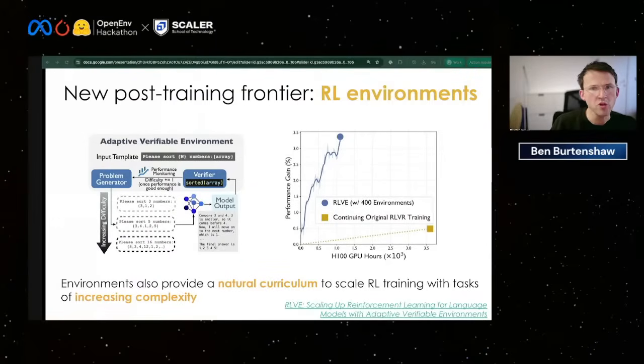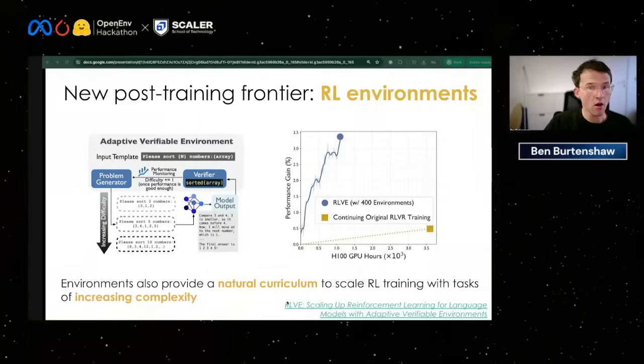So environments also solve the curricular problem. I mentioned earlier with the static data set, the problem difficulty is fixed at the beginning. With environments, you can dynamically generate problems matched to the model's current capability. So you can start off with easy problems and build up in complexity to harder problems.